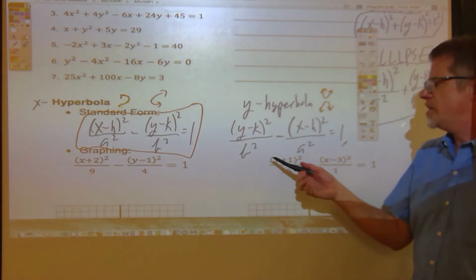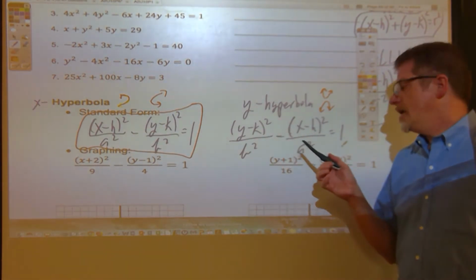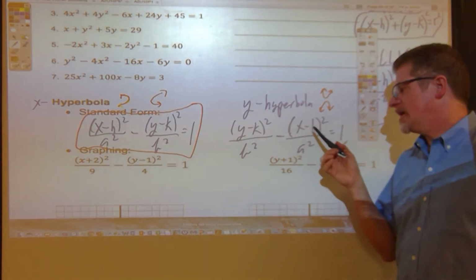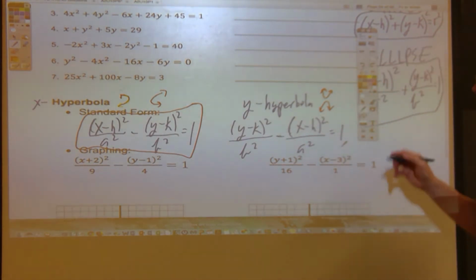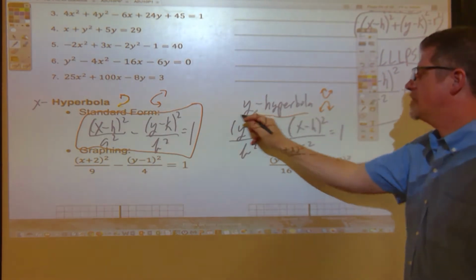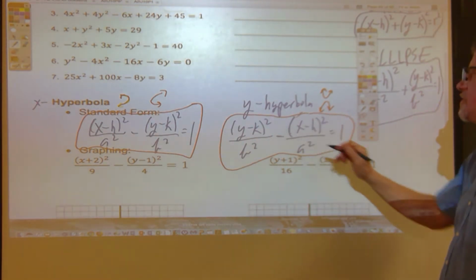Notice that B always hangs out with K, A always hangs out with H. They're together, so that way you don't have to think about those ever being scrambled up. They're always paired up.